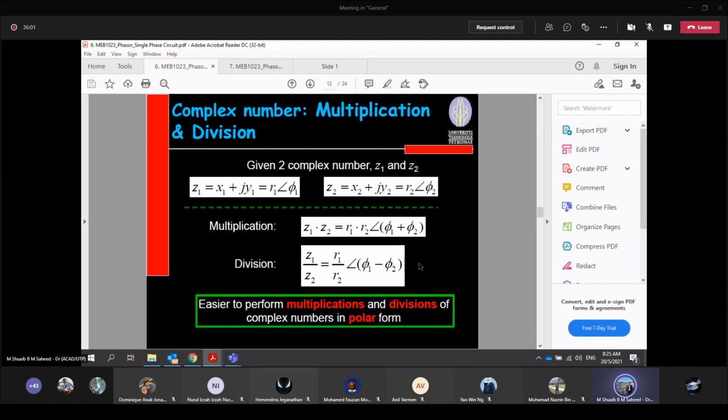So these are the four usual mathematical operations that we use: addition, subtraction, multiplication, and division. For the first two, addition and subtraction of complex numbers, it will be easier if you use the rectangular form, while for multiplication and division, it will be easier in the polar form.